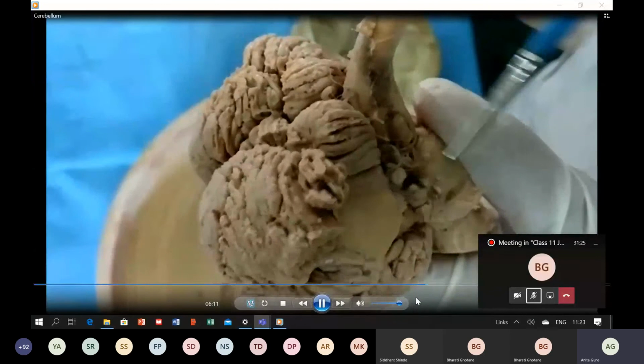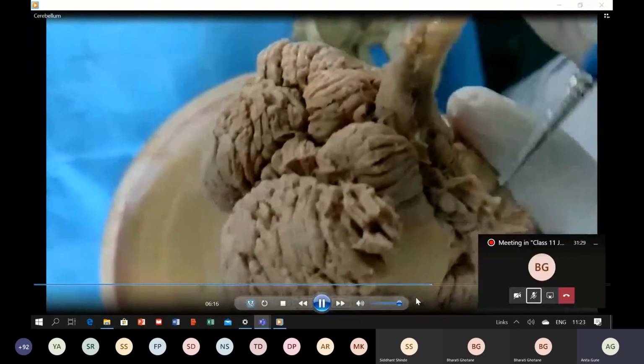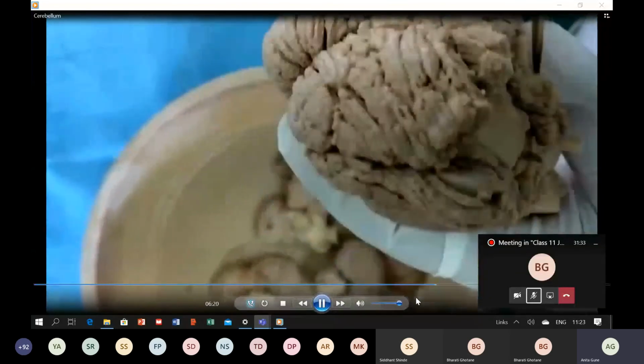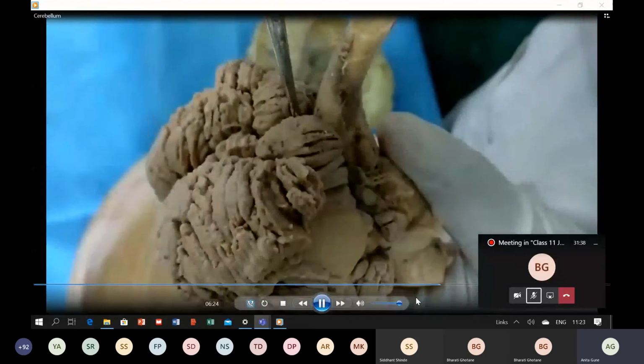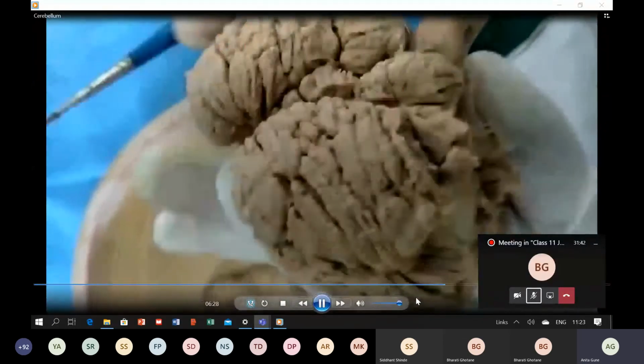Can you see the irregular structure here? This is the flocculus and node, the floccula attached to the cerebellum, and this is known as the flocculonodular lobe.